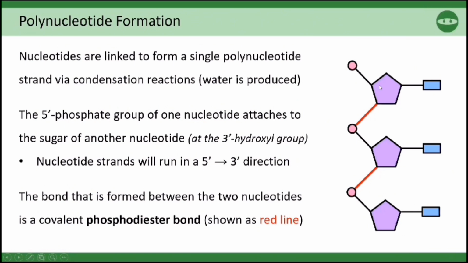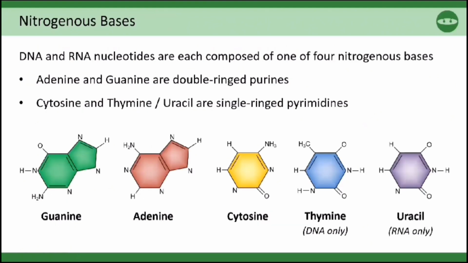The 5' phosphate group of one nucleotide is attached to the sugar of another nucleotide at the 3' hydroxyl group, and the nucleotide strands run in the 5' to 3' direction. The bond formed between the two nucleotides is called the covalent phosphodiester bond.